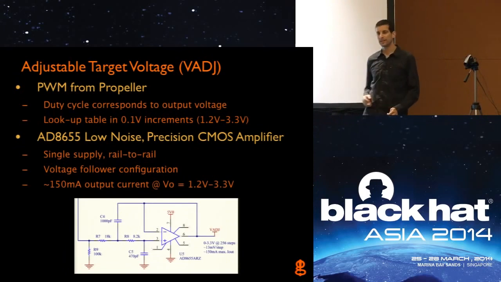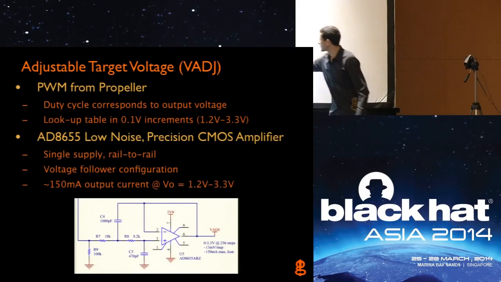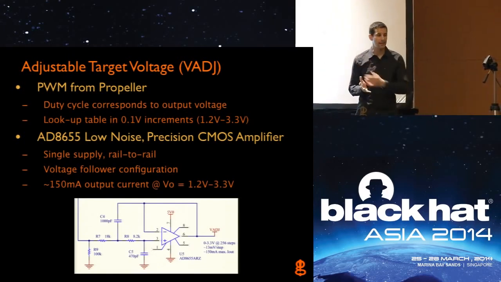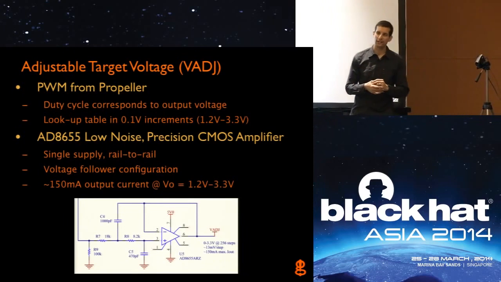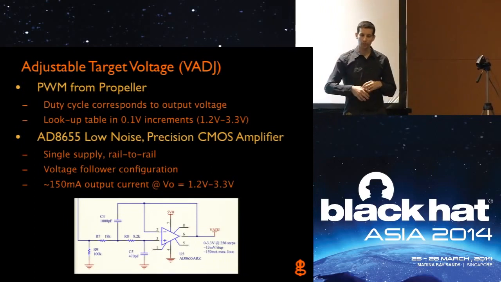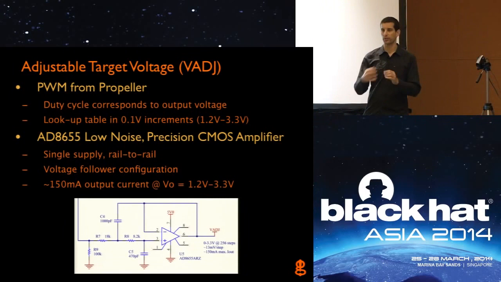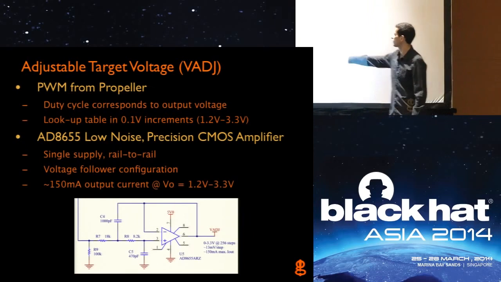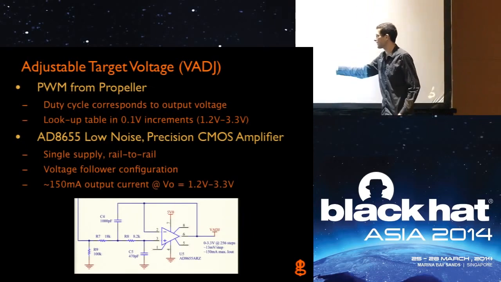So it acts as an amplifier for us, where now we have a voltage, but we can also source some amount of current in case we want to use this VADJ line, the adjustable target voltage line, to control or turn on the target or control another piece of circuitry. Having this buffer in here gives a little more future expandability, and it's just safer that way too. It's just a single supply standard op amp.